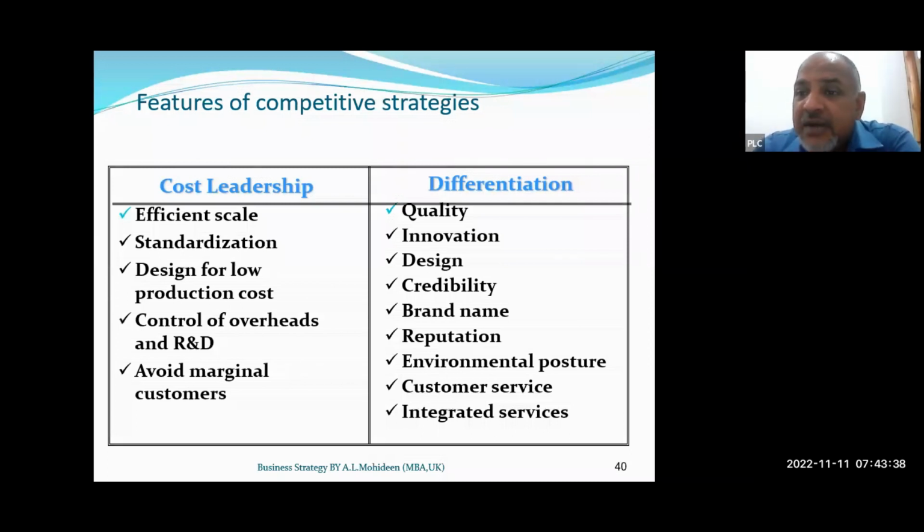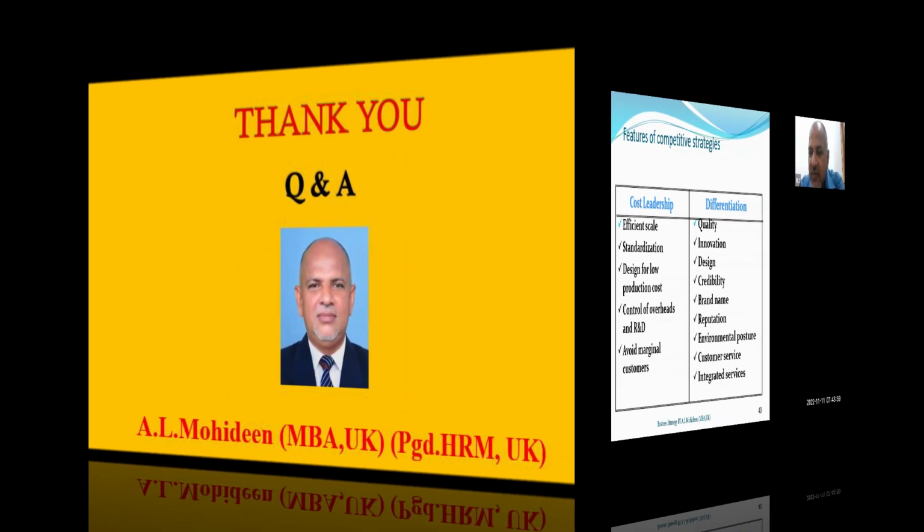Credibility, your brand name, your reputation, your customer service, integrated service, everything should be different. Something unique, right? In such a way you arrange your resources. Your procurement process will be connected.